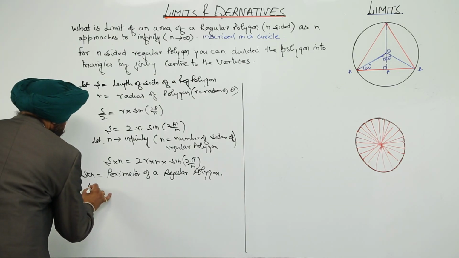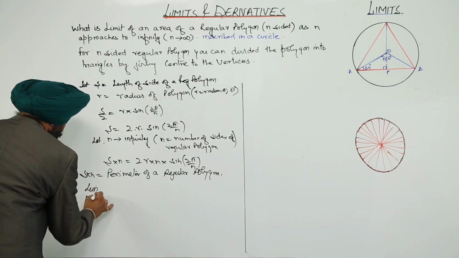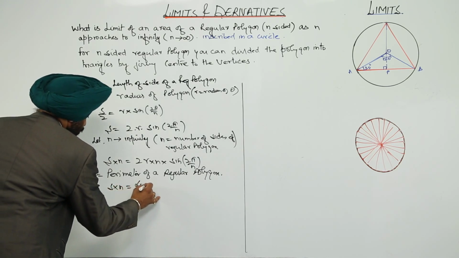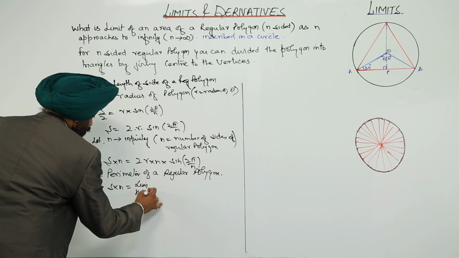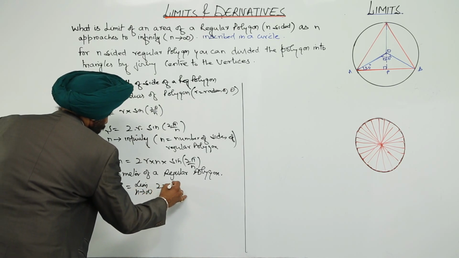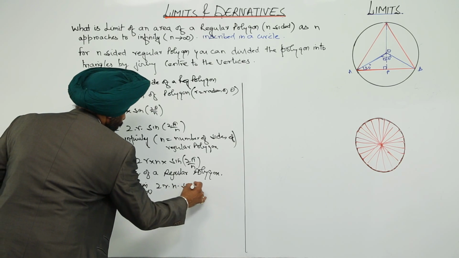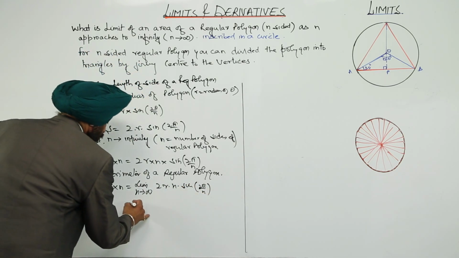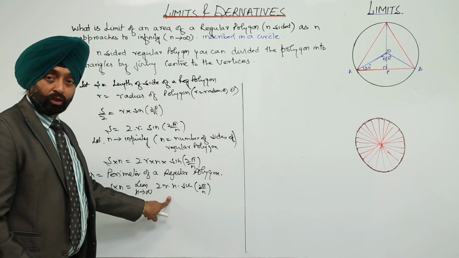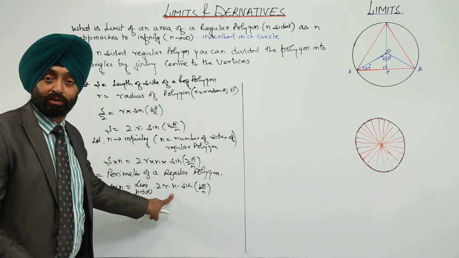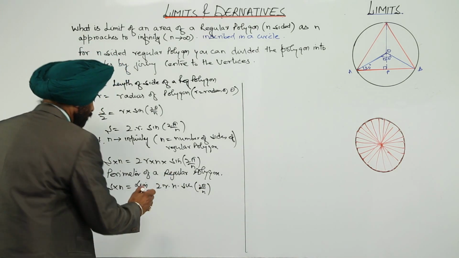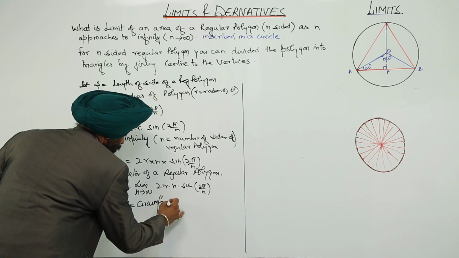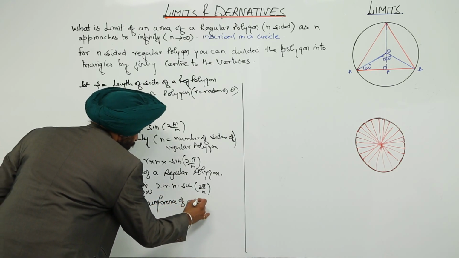Now limit, when n approaches infinity, the perimeter of the regular polygon is equal to limit n approaches infinity 2 times r times n times sine 2 pi by n. And what is this equal to? When we are having countless, infinite things, this whole becomes the circumference of a circle.